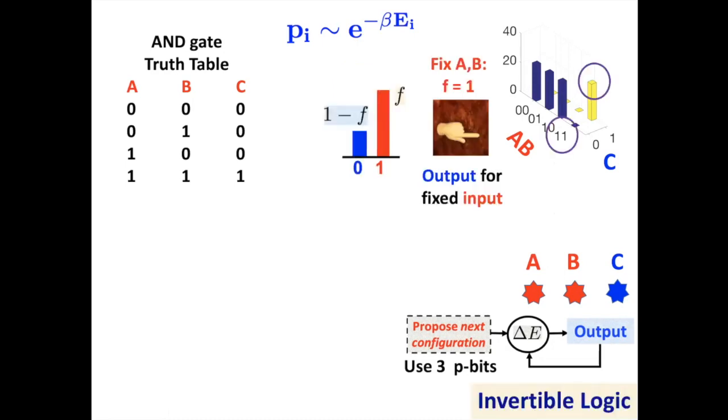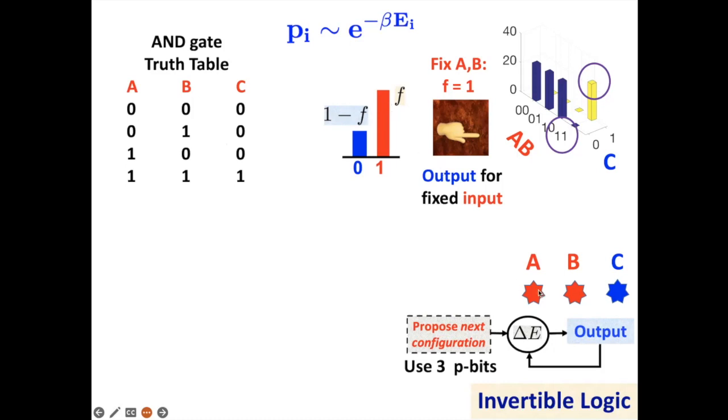Now, you could say, well, how do I use it as a gate? Because as an AND gate, what should happen is, given A and B, C should follow the truth table. What you can do is take the bits A and B and fix them. Let's say you fix them both to be 1. How do you fix them? Well, put a sufficient bias on each of them so that the probability of 1 is very high.